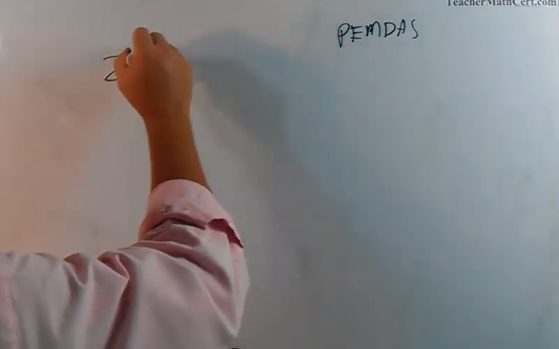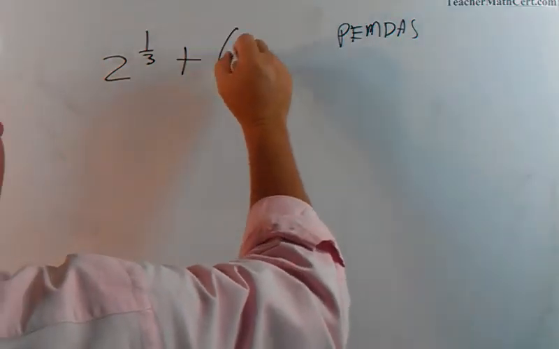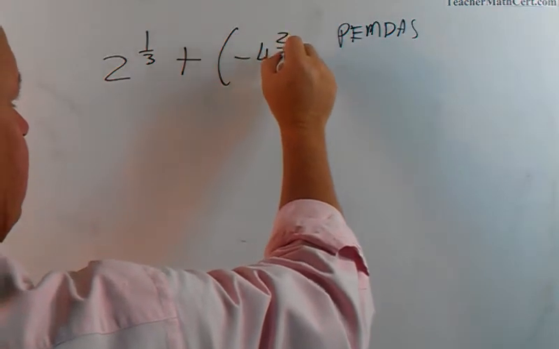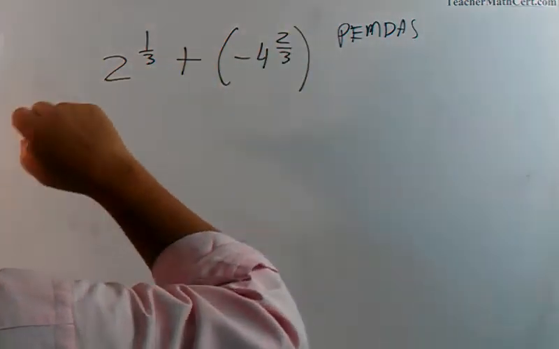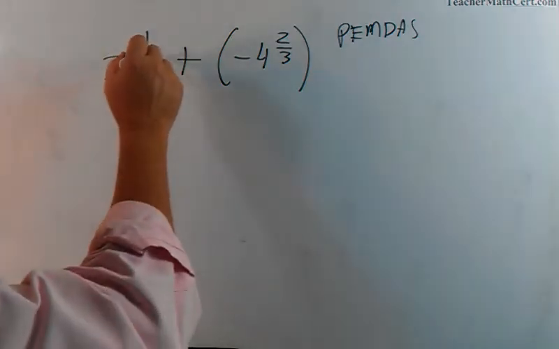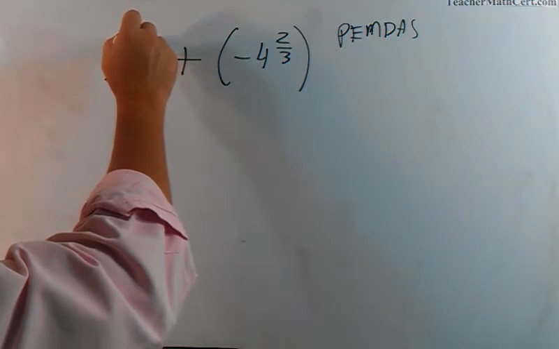Two and 1/3 plus a minus 4 and 2/3. Alright, it's called a mixed fraction. How does it work? Multiply the denominator times the whole number and then add this 1 here.